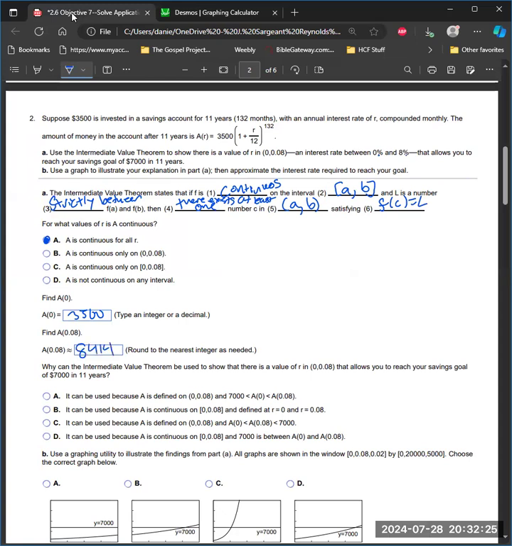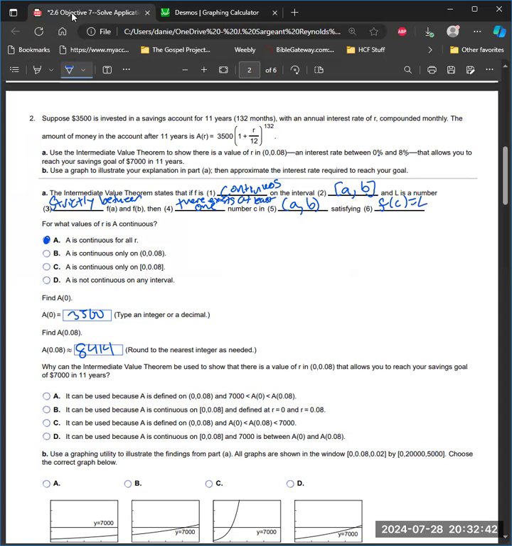It says round to the nearest integer, so it's 8,414. And our goal of $7,000 is definitely between 3,500 and 8,414.